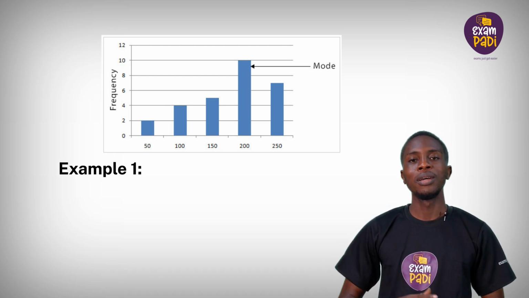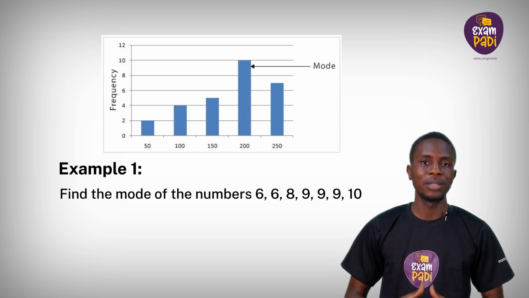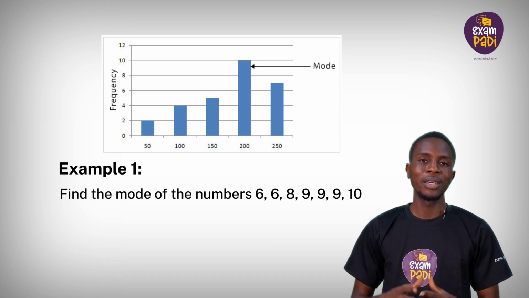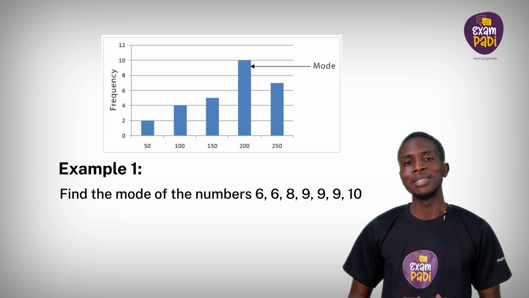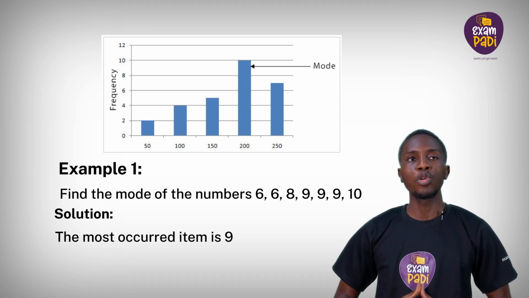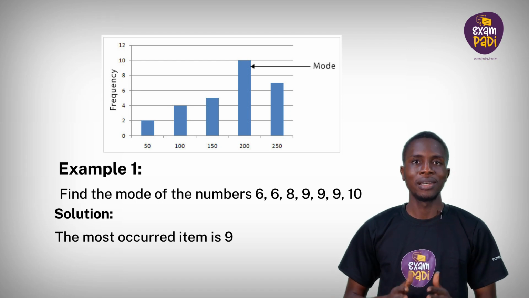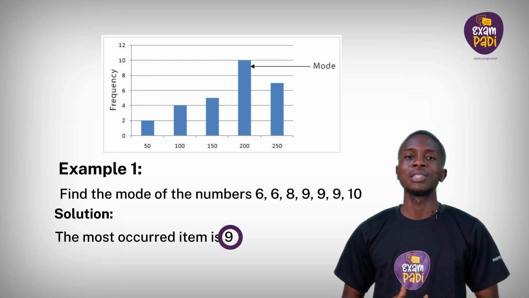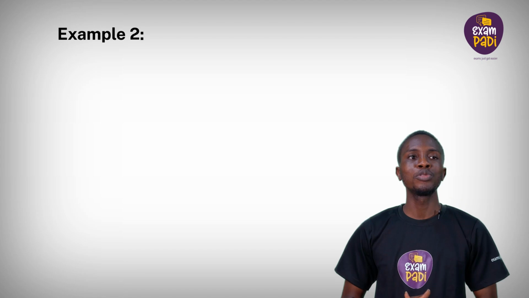Example 1. Find the mode of the numbers 6, 6, 8, 9, 9, 9, and 10. Solution. The most occurring item is 9. Hence, the mode is 9. Example 2.